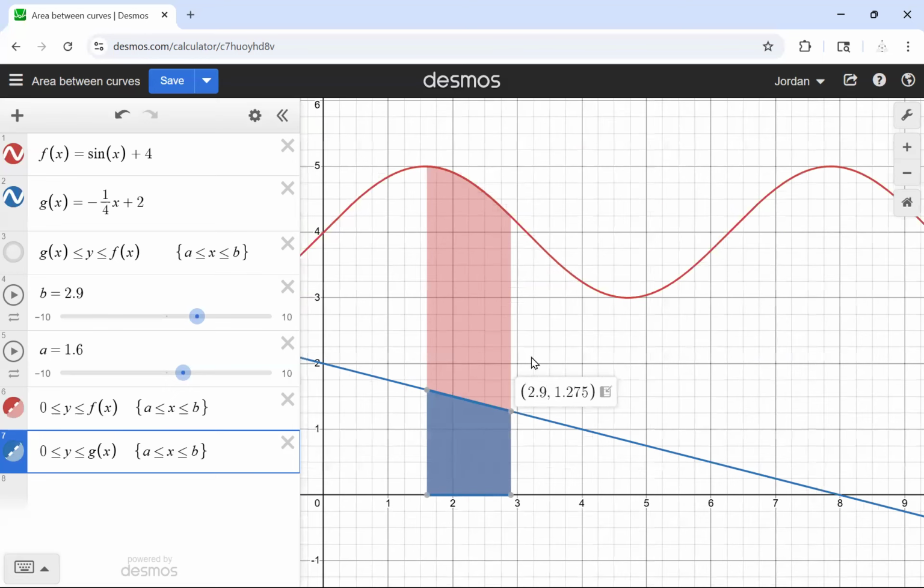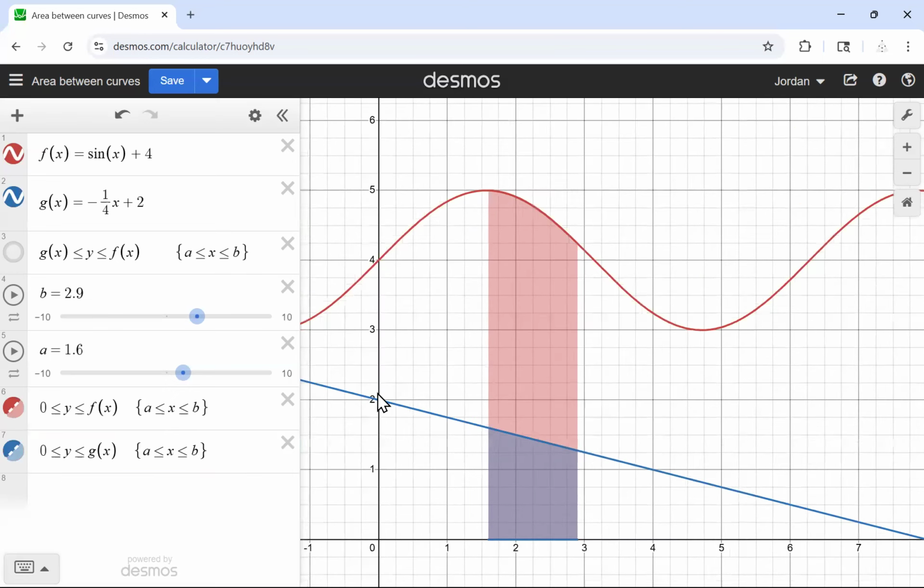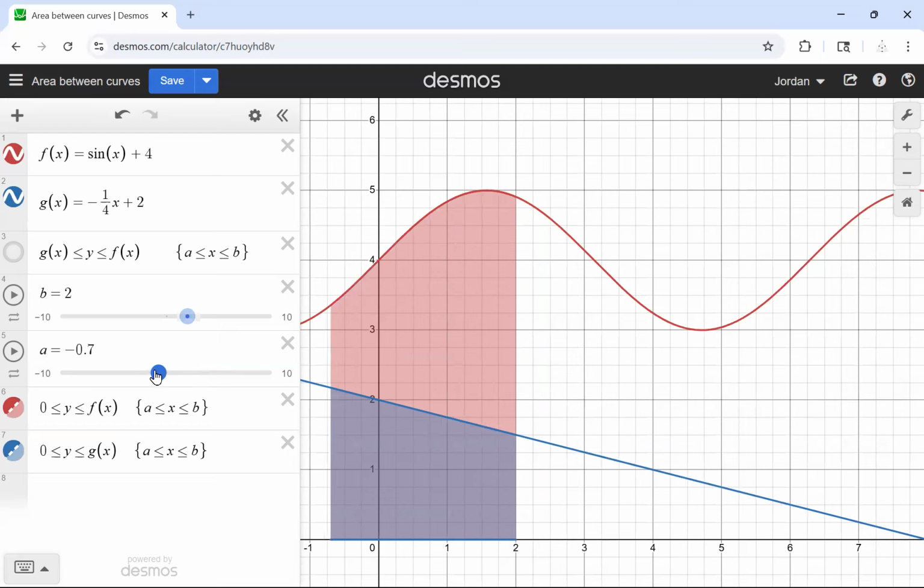This is for whatever values we choose. Obviously I'm going from 1.6 to 2 there, but if I wanted to start at 0 and go to 2, that's what I would do. So I'm taking the red minus the blue, which gives us that green.